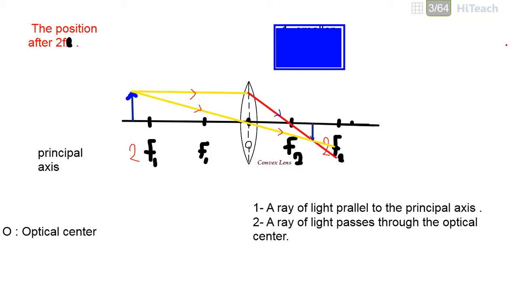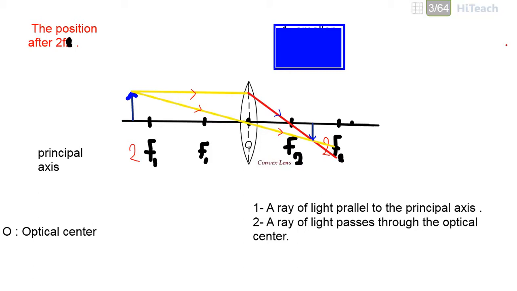I want to make the top of it point down, so the image is inverted. This is the top. Now this is the image that is formed by the convex lens when you put the object after 2F1, very far away from it.